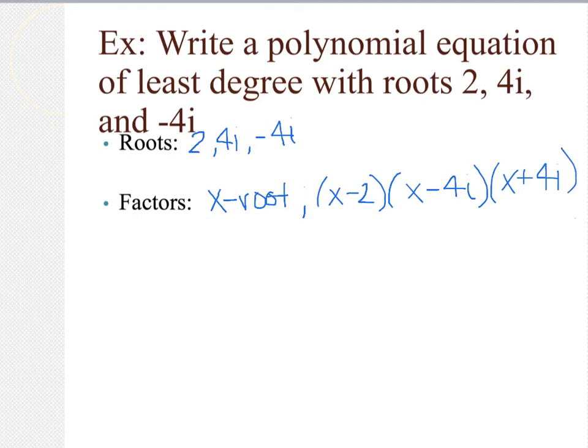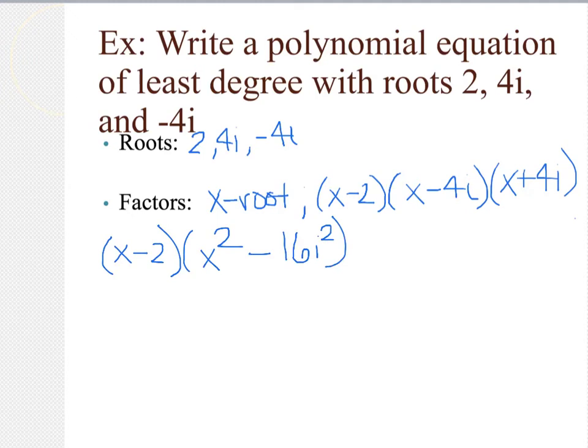Now to write the polynomial equation, we want to multiply all 3 of these factors together. This is where I'm talking about doing the reverse of foiling. Let's get our imaginary numbers out of the way first. Initially we'd have x minus 2. Now we'd have x squared minus 16i squared.